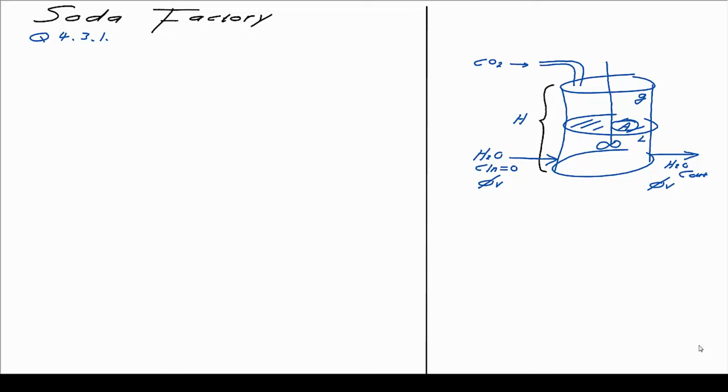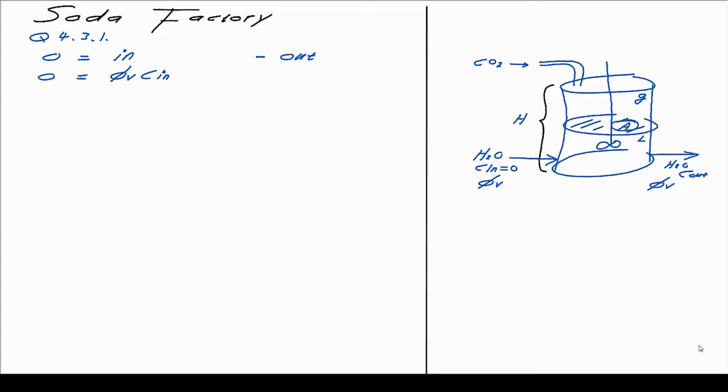Let's do this. The CO2 mass balance over the liquid phase in steady state looks like this. 0 is in minus out. In, the inflow of mass, we can write as the volumetric flow rate phi v times the concentration that comes in.